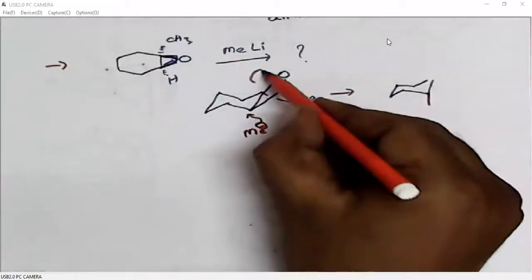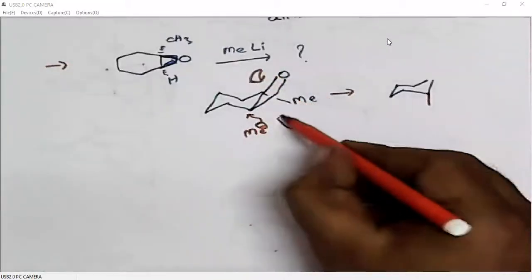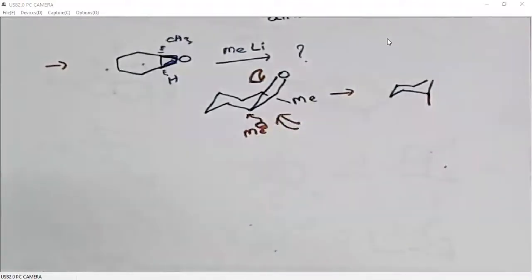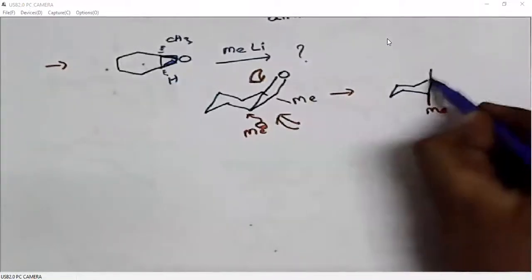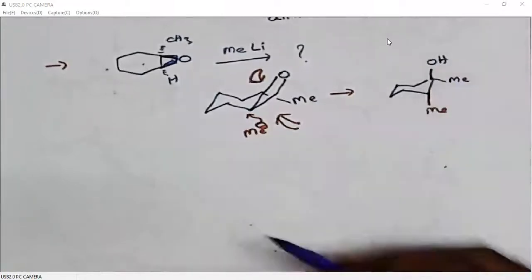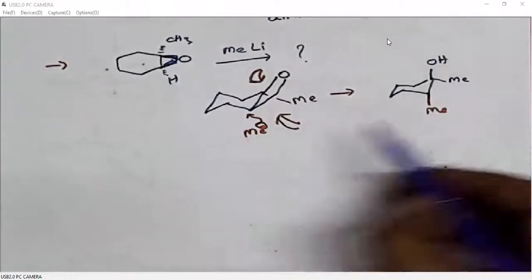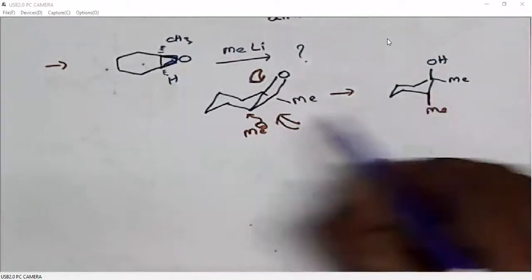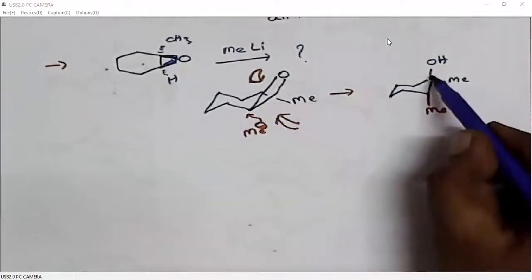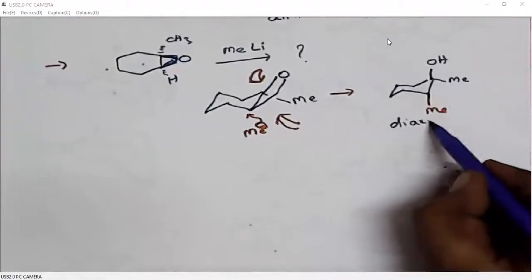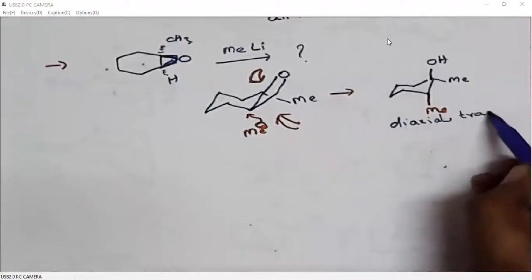Methyl can approach from this carbon or from this carbon, but when methyl is approaching from this carbon, it generates a diaxial ring opening. Cyclohexane epoxides are always opened in this form. When we open it, the product must be diaxial and trans. It is diaxial, and of course it should be trans.